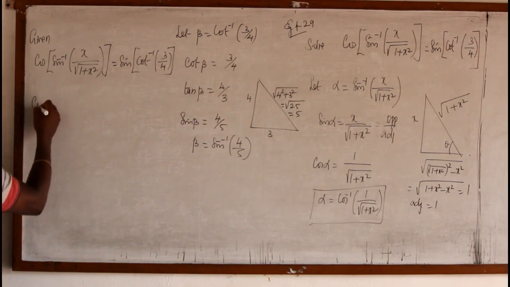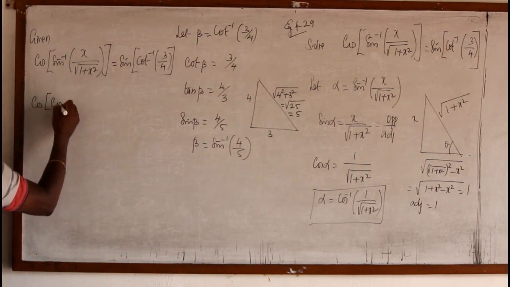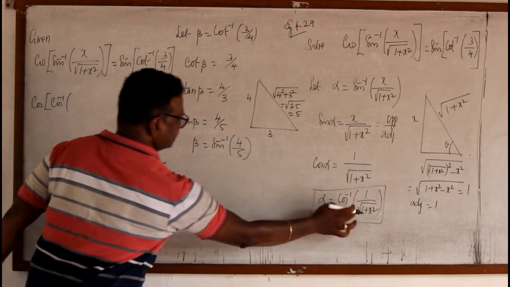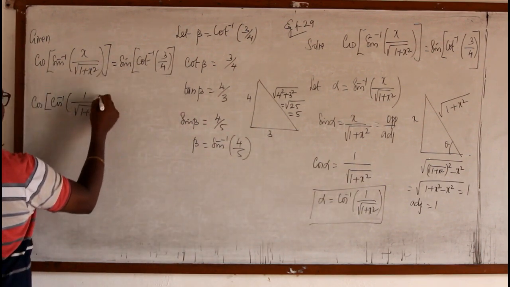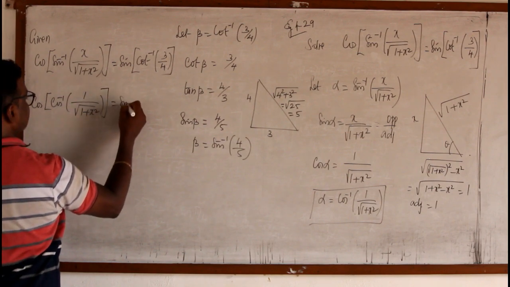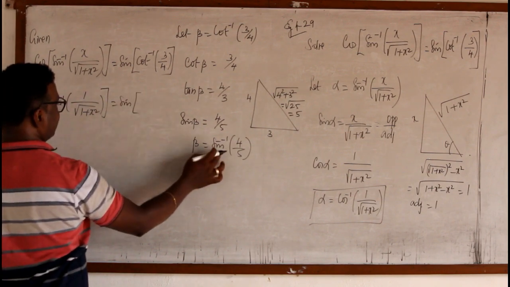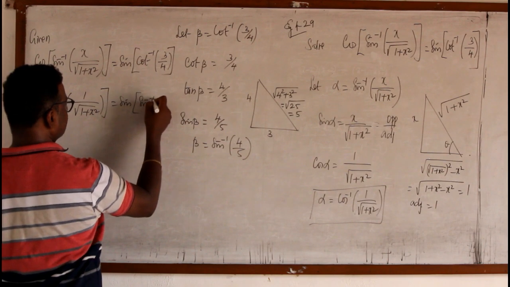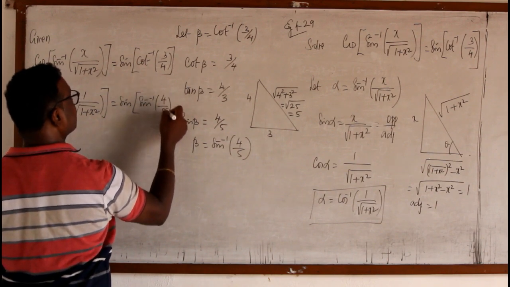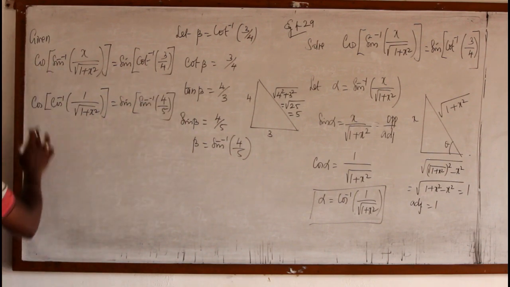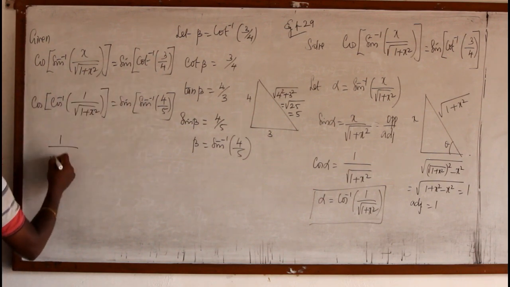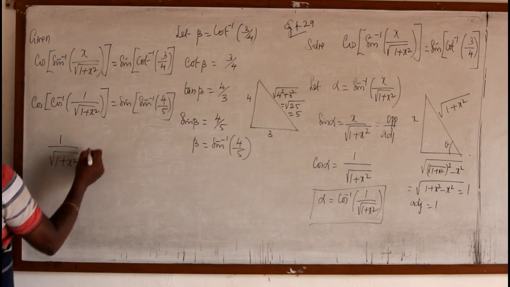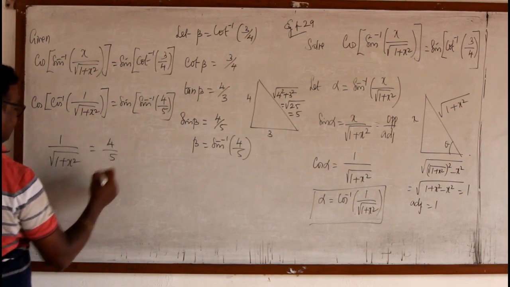Now shall we write this one as cos inverse of 1 by root of 1 plus x square. This is sine of, instead of cot, sine inverse of 4 by 5. Now see, cos and cos inverse cancels, sine and sine inverse cancels. 1 by root of 1 plus x square is 4 by 5.